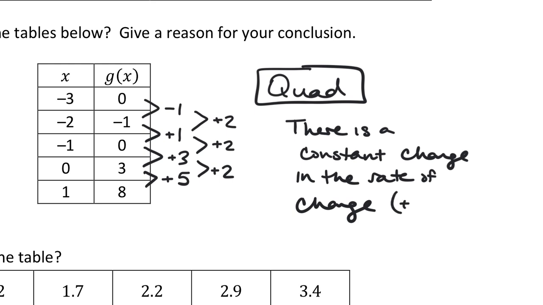And that would be going up by 2. The constant change in the rate of change. The rate of change changed by going up 2 each time. I know that's the word change like 80,000 times in one sentence, but that's how we describe it. Another way to describe this would be that the second differences are roughly constant or are exactly constant. So that's really great. But then we're going to take a turn on example 2 here.